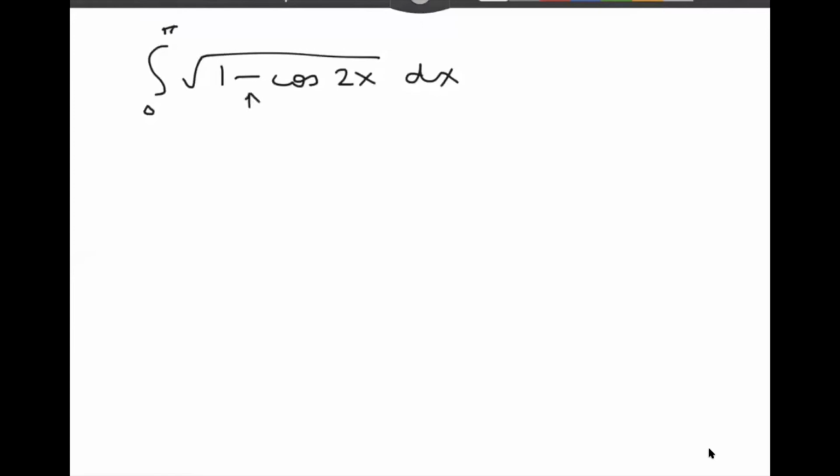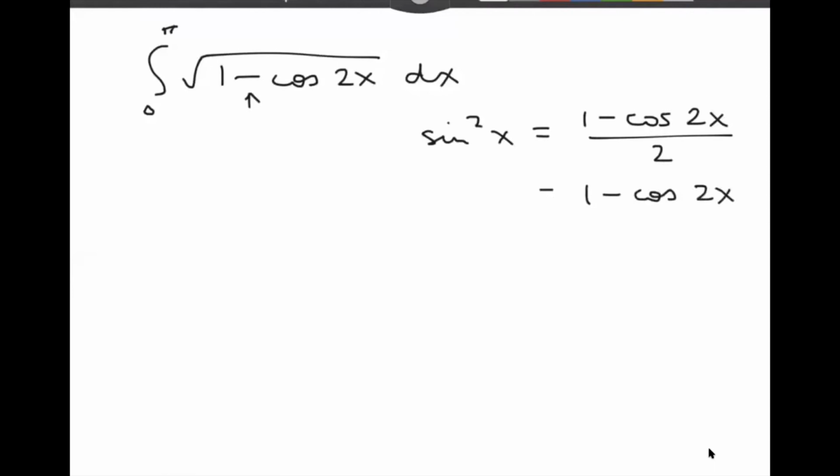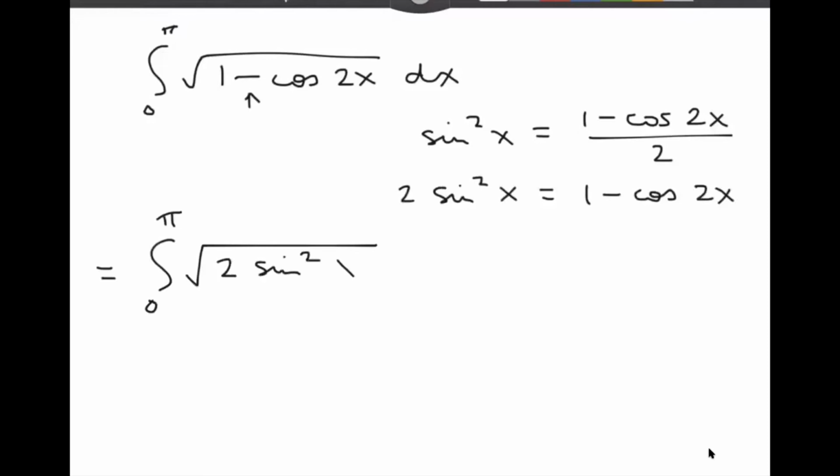So that formula says sine squared x equals 1 minus cosine 2x over 2, which means that we can replace that 1 minus cosine 2x with 2 sine squared x. Notice that 2 will be under the square root, so we have the square root of 2 sine squared x dx.